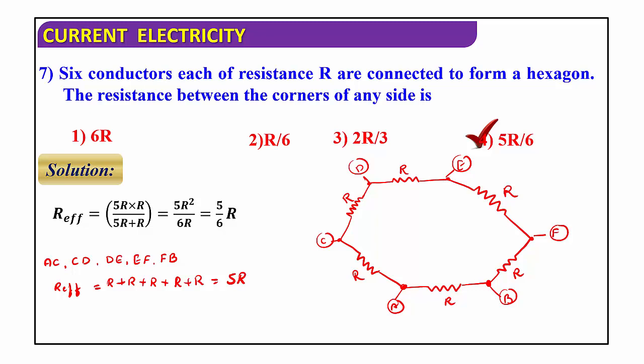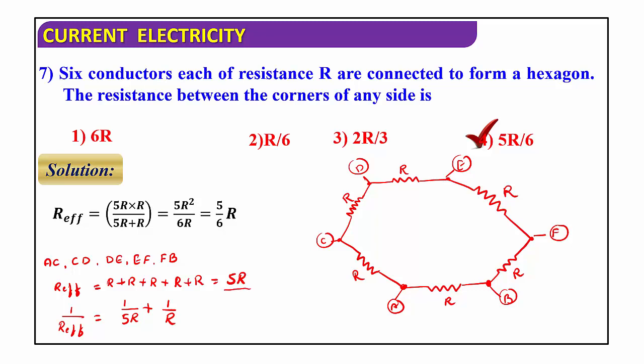So all these resistors AC, CD, EF and FB are connected in series and they are all connected parallel to AB. So when it is connected to AB in parallel, we can write 1 by R effective is equal to 1 by 5R plus 1 divided by R. All those in series gave the answer 5R.